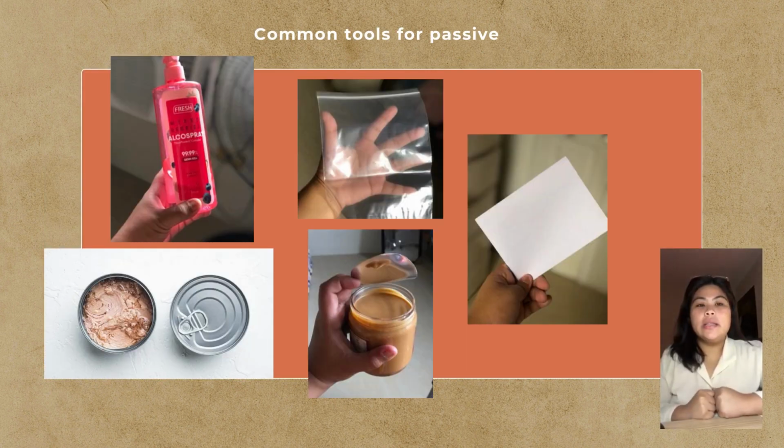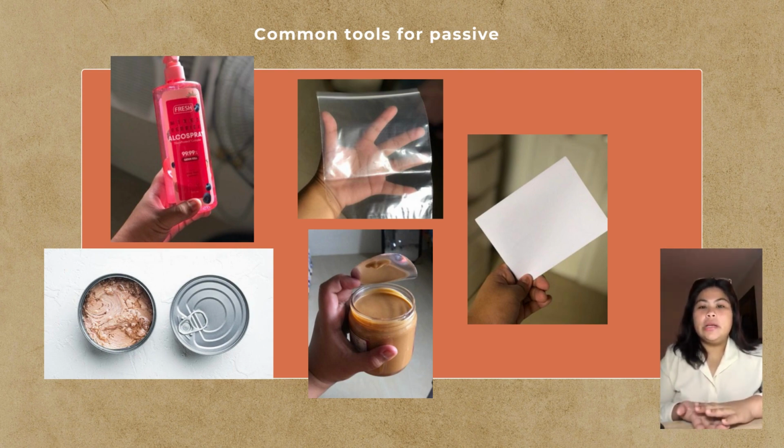Next are the common tools for passive sampling, which are alcohol, Ziploc, peanut butter, tuna, and paper. The paper is used as a paper stage for mixing the tuna and the peanut butter to bait the insects.